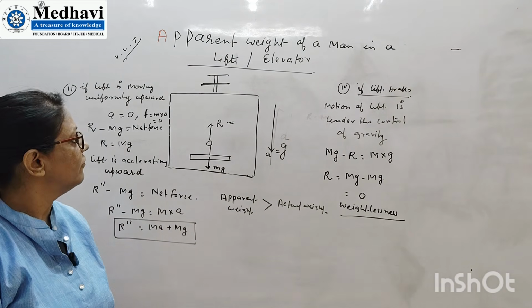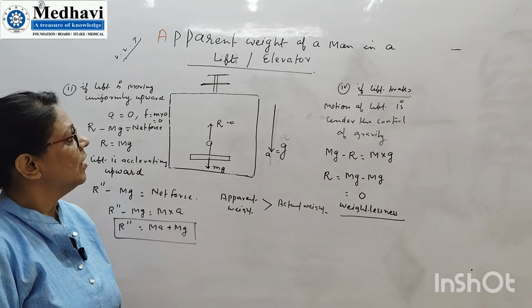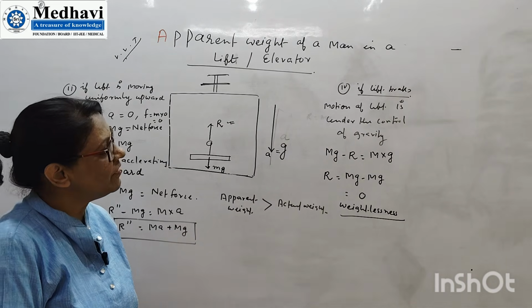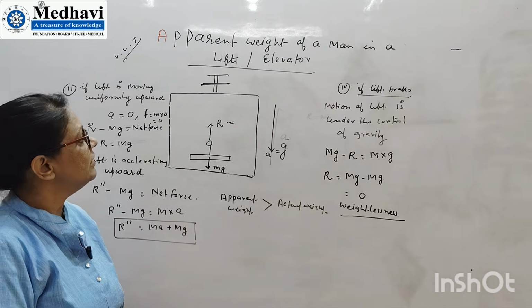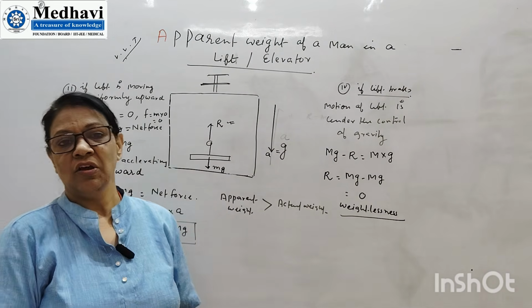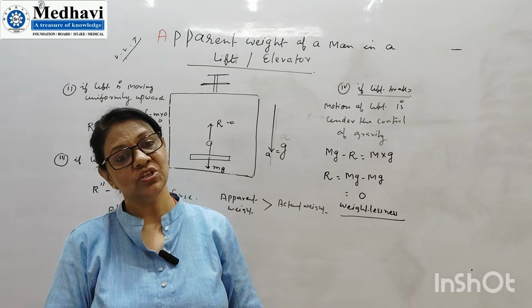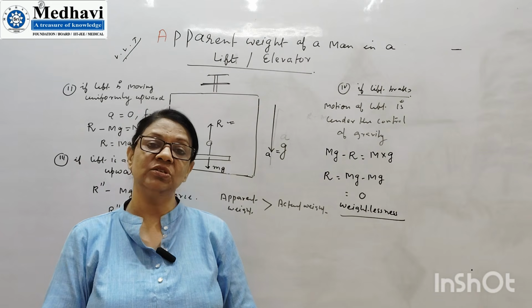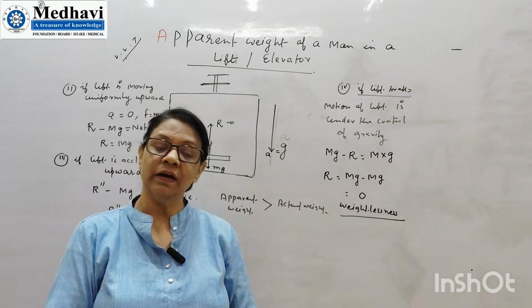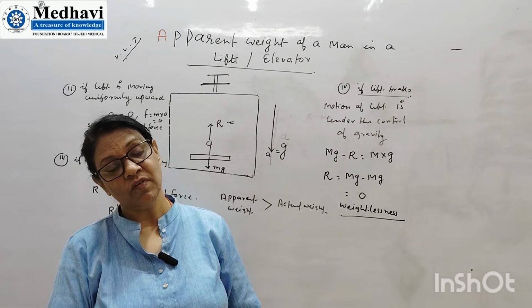So I have given 5 pieces of information related to the apparent weight of a man in a lift or elevator. First, when the elevator is at rest. Second, when the elevator is moving uniformly. Third, when the elevator is accelerating downward.